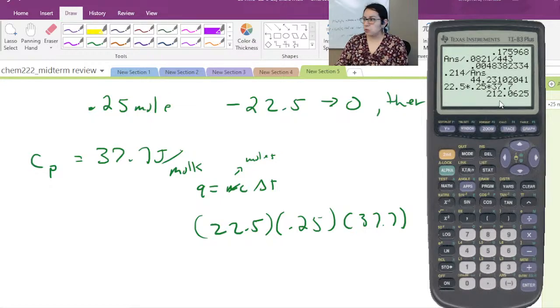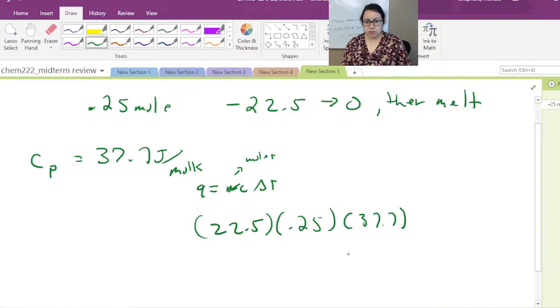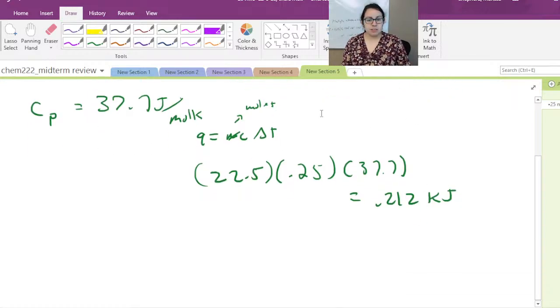And then this was in joules though, so that was also tricky. So divide by 1,000. So now we're in kilojoules. And so that was A, so some people circled A as the answer, but we only brought it up to 0. We didn't do the state change.